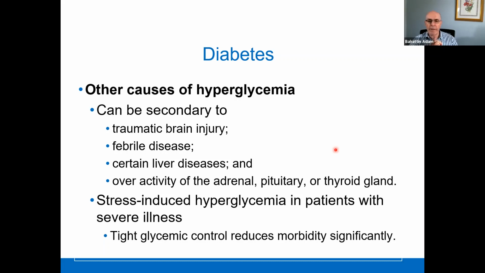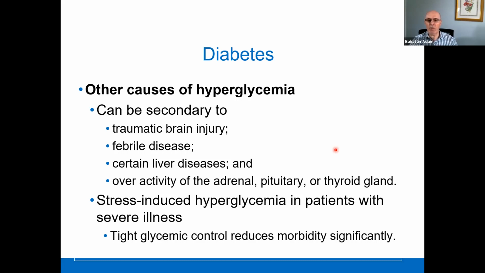The overactivity of other glands, such as the adrenal glands, the pituitary gland in our brain, and the thyroid gland, may also cause diabetes mellitus, which we call secondary hyperglycemia.